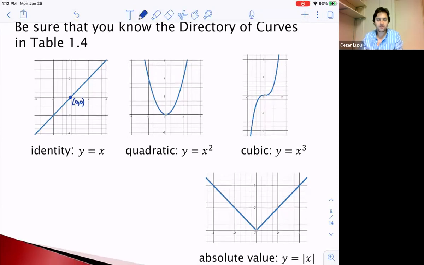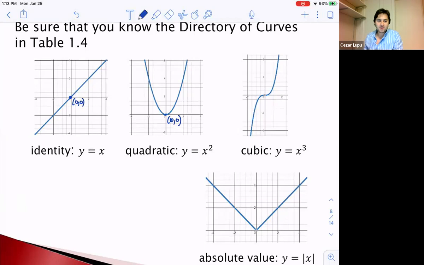Now the second function, if you look at the graph, again goes through the origin, the point 0, 0. But this time it's the simplest quadratic function, which is y equals x squared, right?